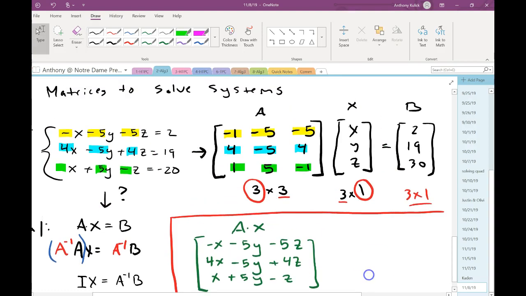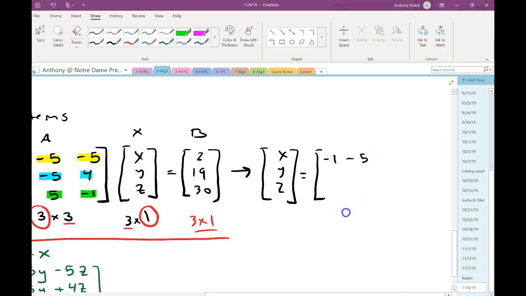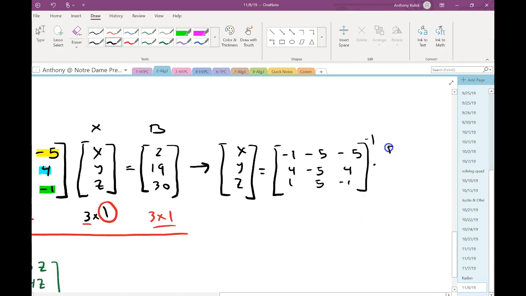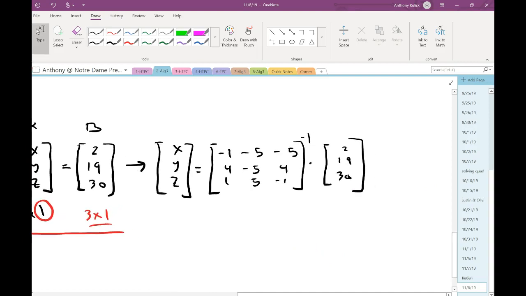So let's say I want to solve this system. Well, based on what I did below, XYZ is going to be equal to that.